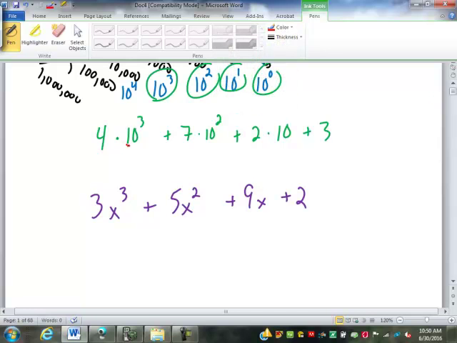Instead of our place values being powers of 10 like they are in our whole numbers, our place values are powers of x. And we saw that before. Now some of the differences are, of course, the algebraic numbers here can never be abbreviated in short form. We have to always write out the place values or the powers of x with them.